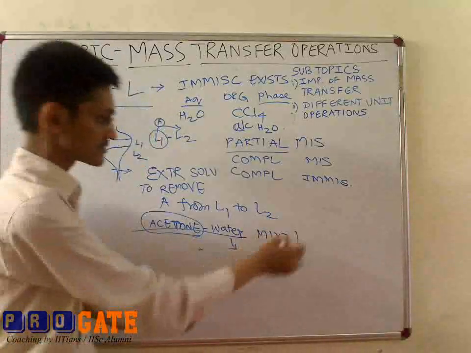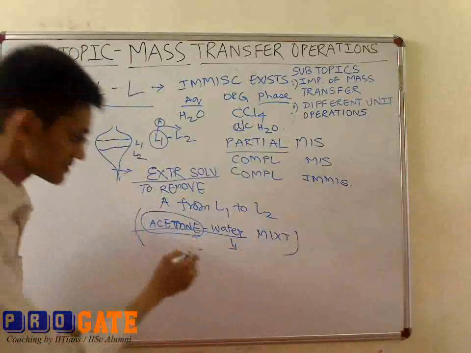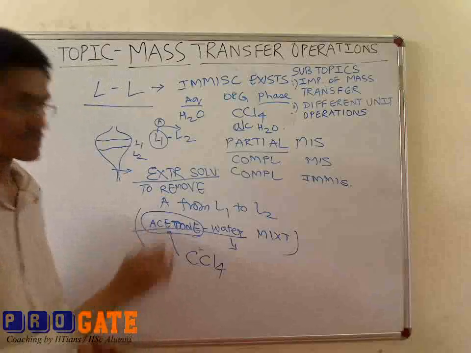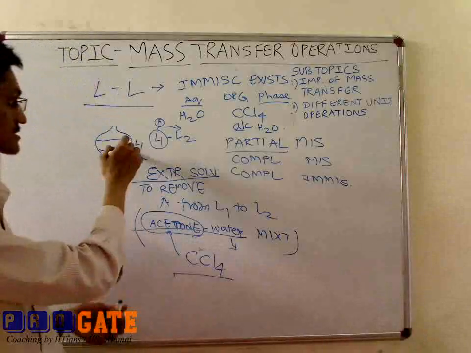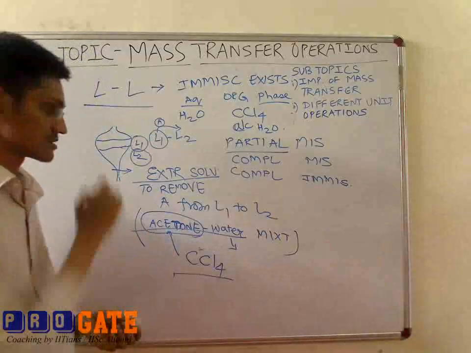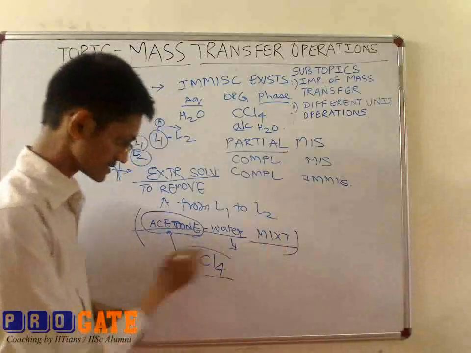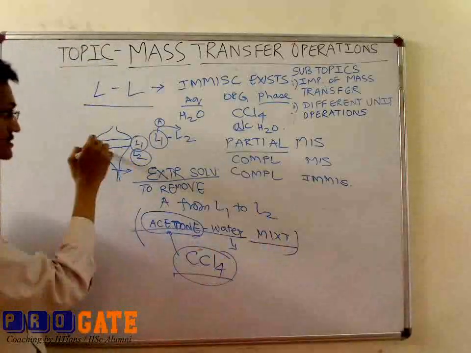So what you do is you make use of the extraction solvent. The extraction solvent is maybe some organic phase which will be having affinity towards the acetone, CCl4. Take the separating funnel, mix both the mixture, that is the acetone water mixture plus the CCl4 solution. Mix vigorously and allow it to stand for some time.